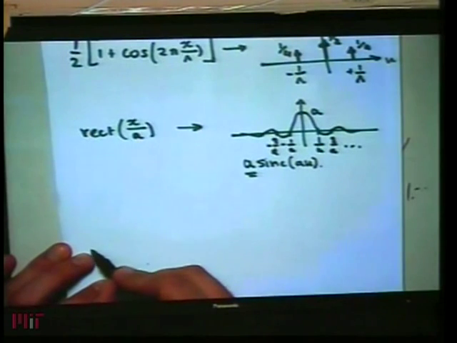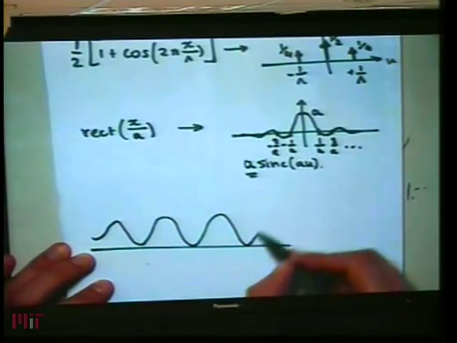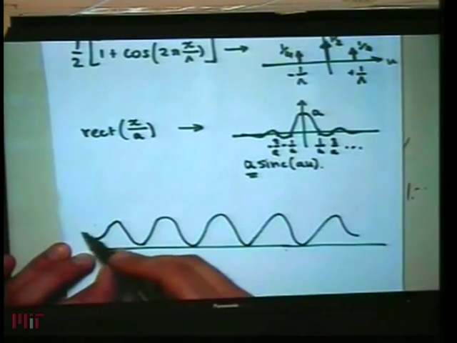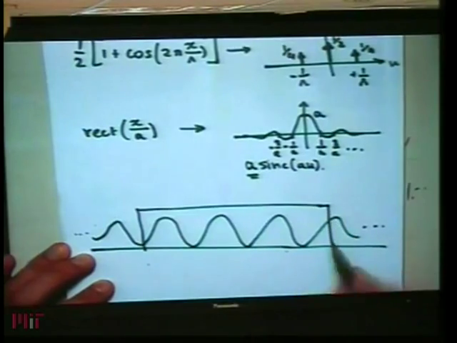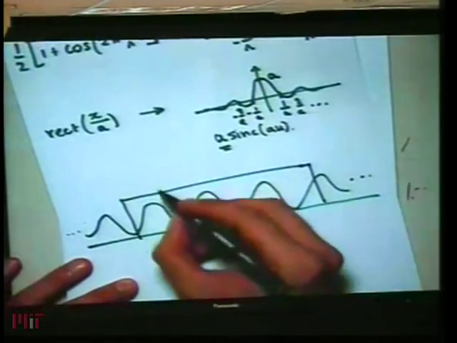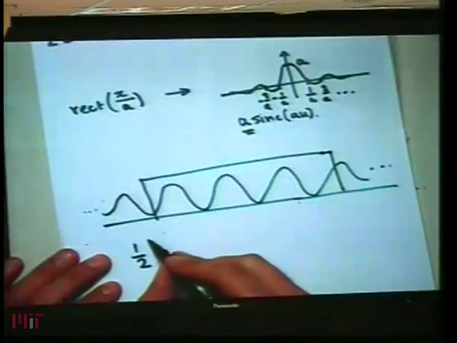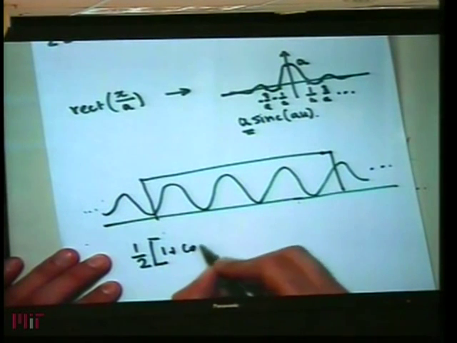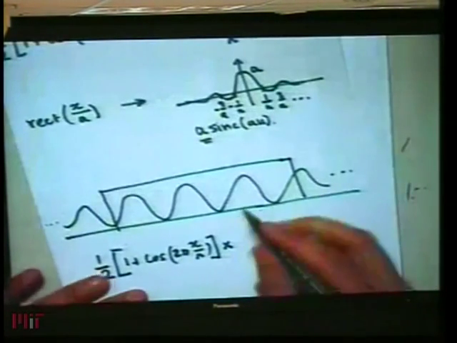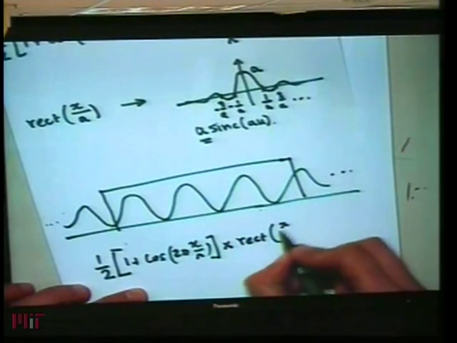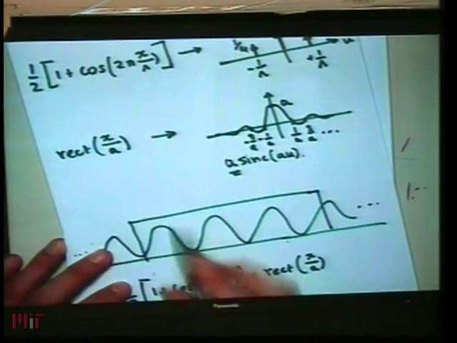I take my infinite grating, it continues on, and then I truncate it, that is, I multiply by a rectangular function which sets the aperture of the truncation.